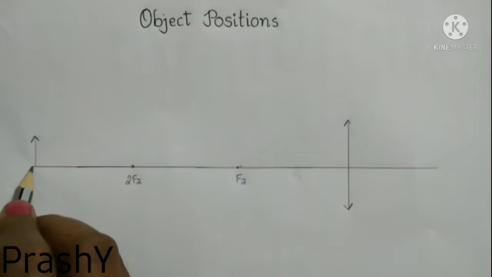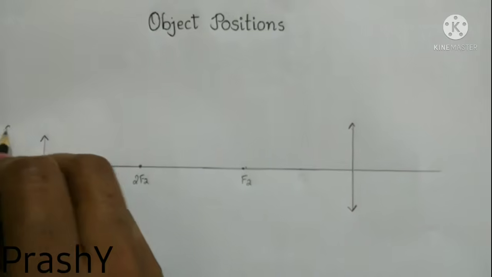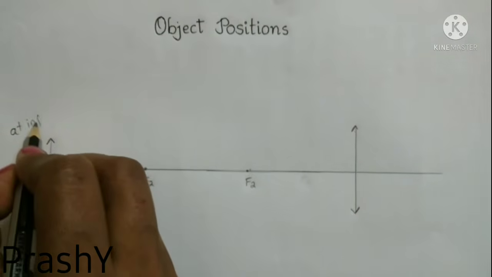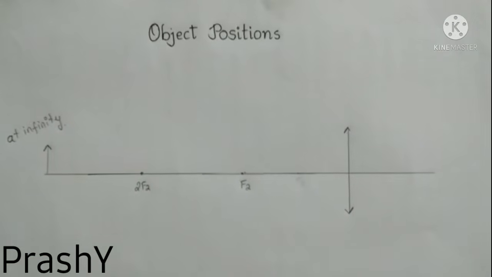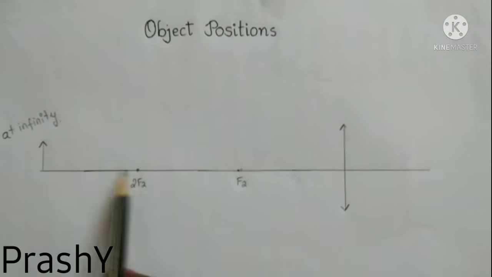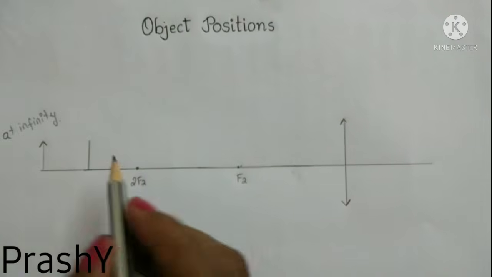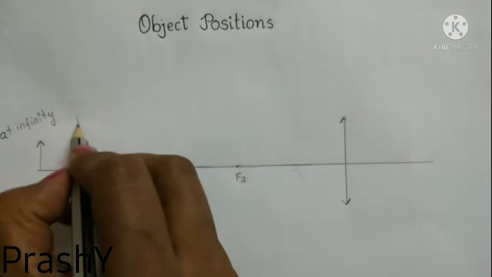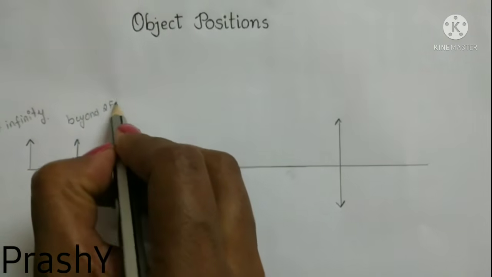First one is object at infinity. So this is the object placed at infinity. Next, I am placing the object beyond 2F2. So this is the second object position, beyond 2F2.